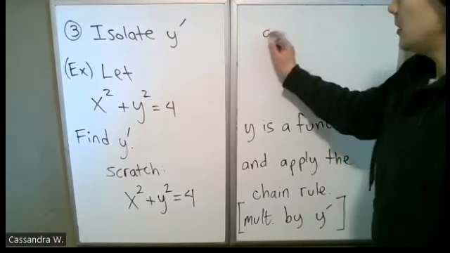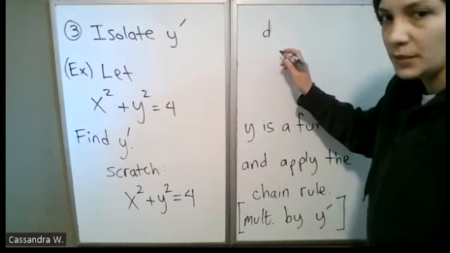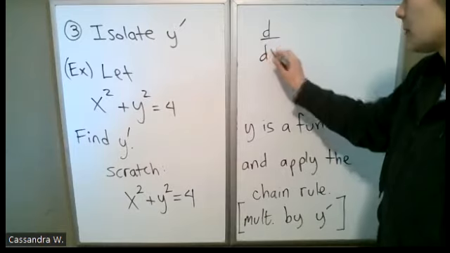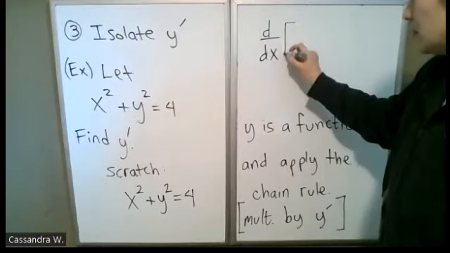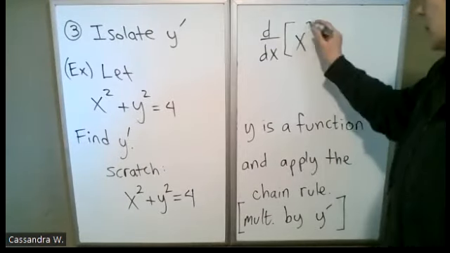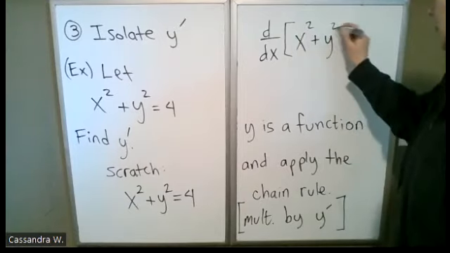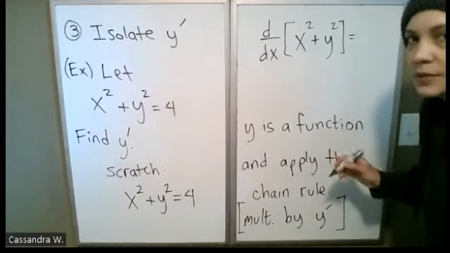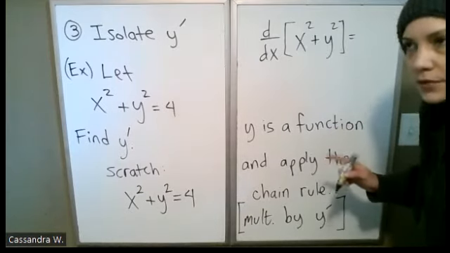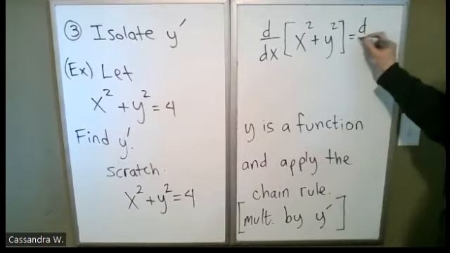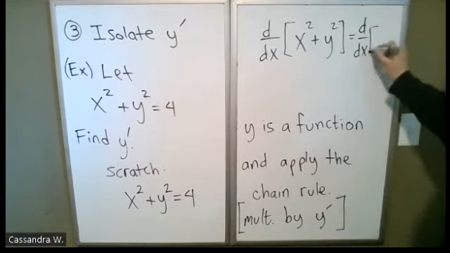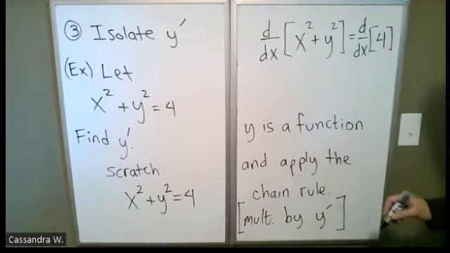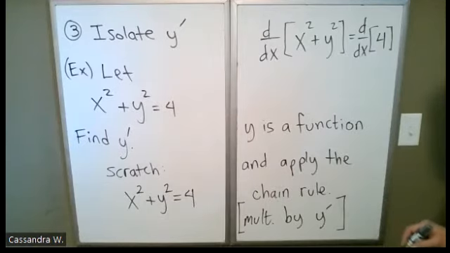So do the derivative. We're taking the derivative with respect to x. Same on the other side, take the derivative with respect to x of 4. We'll use that sum and difference rule.